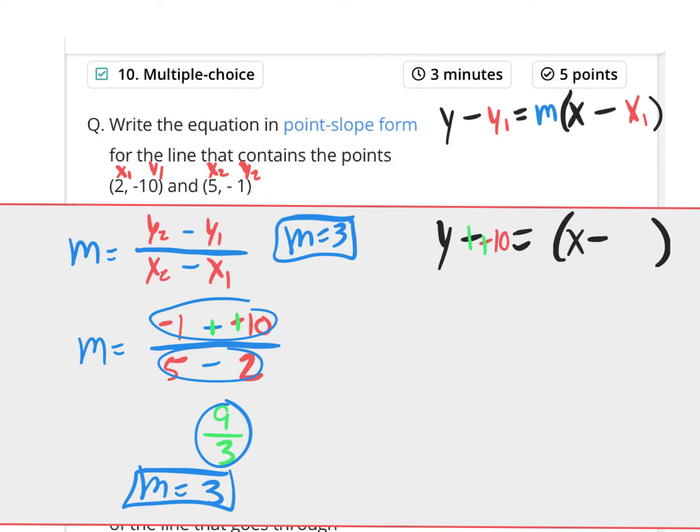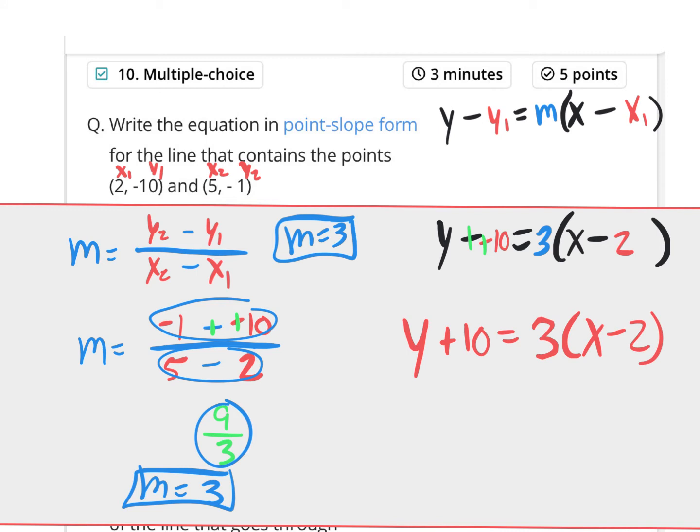And then the m value goes right here, and the slope we found was 3, so put a 3 right there. And of course the x1 value goes right here, and the x1 value happens to be 2, so put a 2 right there. And this is your answer. Y plus 10 equals 3 parentheses x minus 2.